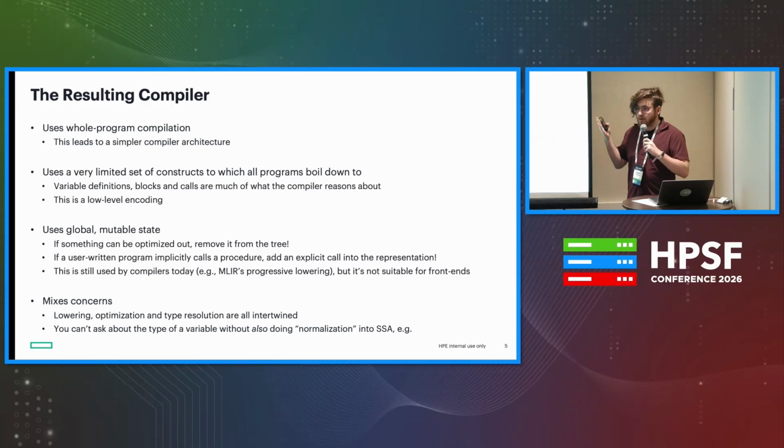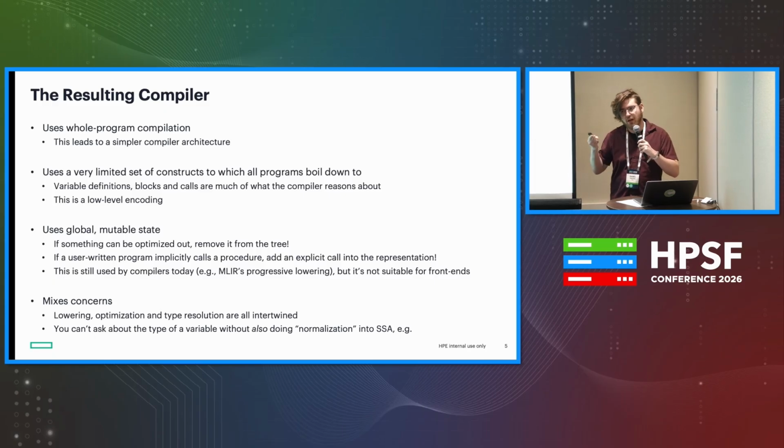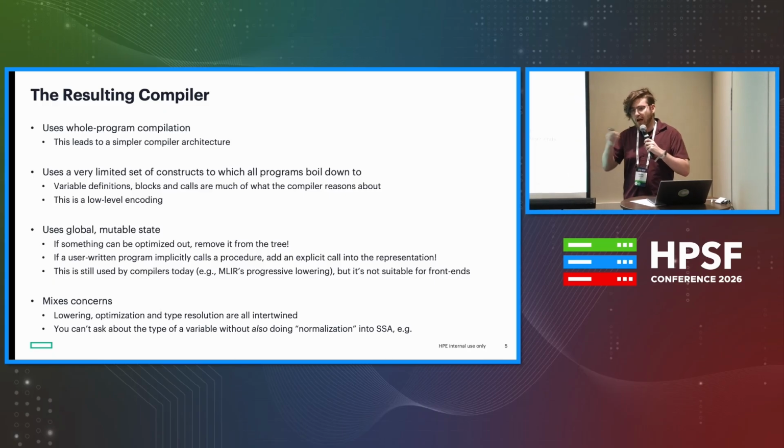So the compiler, as we alluded to recently, used whole program compilation. As far as I understand, though this predates me, this was a decision caused by simplicity. It's not that we necessarily thought that whole program compilation would be better.